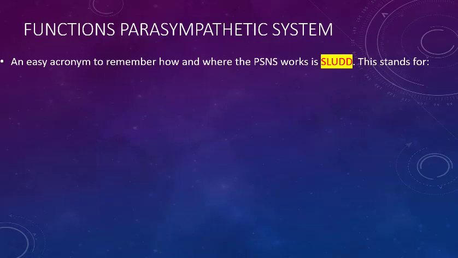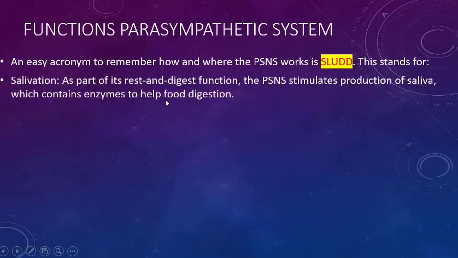Function of the parasympathetic nervous system. An easy way to remember how and where the parasympathetic nervous system works is SLUDD. SLUDD stands for S for salivation.